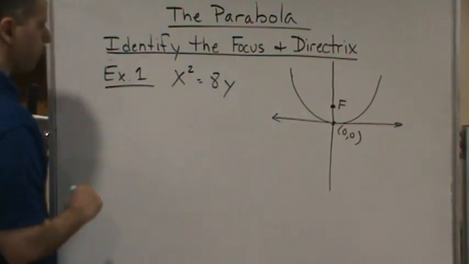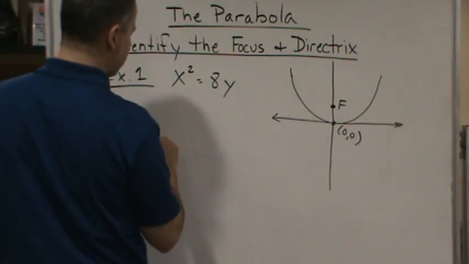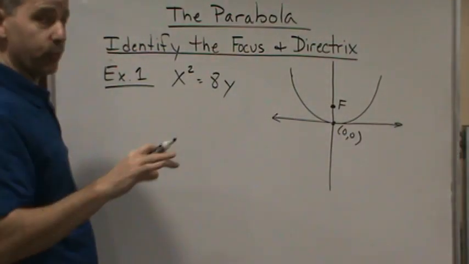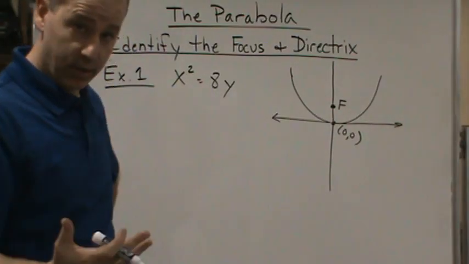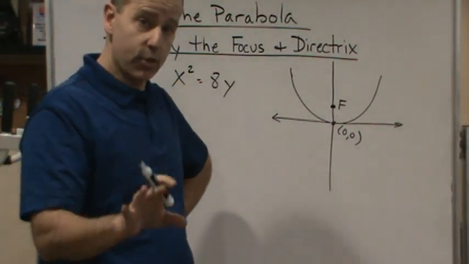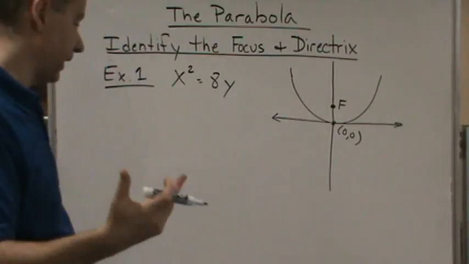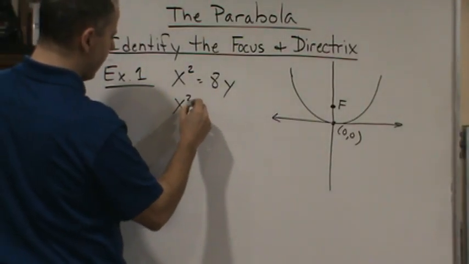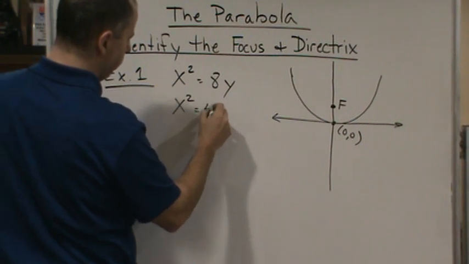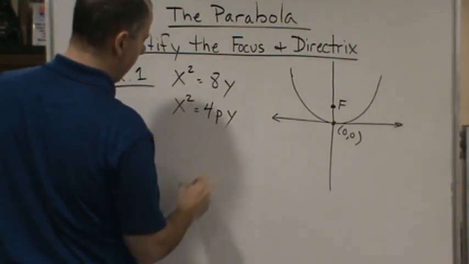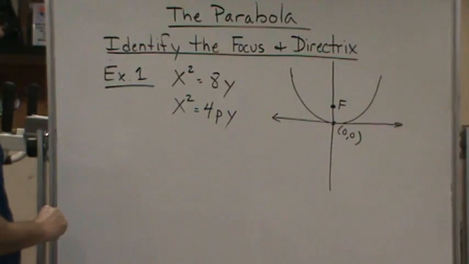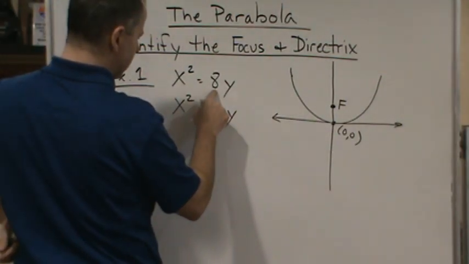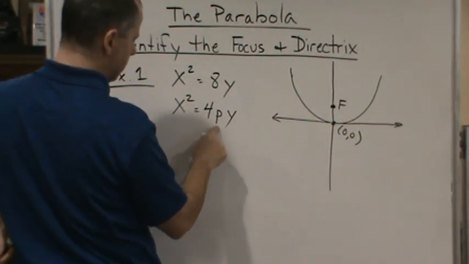And so now, let's use this information. We start with the understanding of the basic equation. If we understand the basic equation of what it looks like, then we can figure this out. So we know that this has to match 4py. So if this is 8, that means p has to be 2.